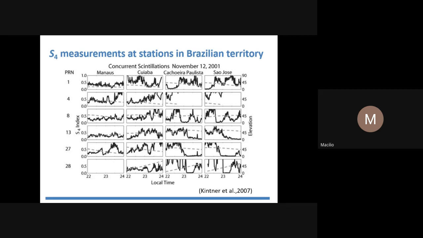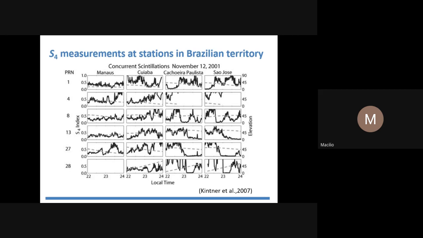Here we have several satellites. It's interesting to observe, for example, in Cuiabá, at this time, all the satellites present strong scintillation.